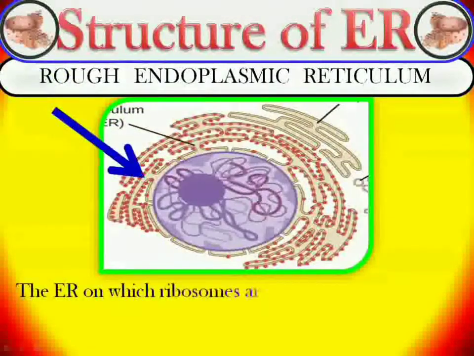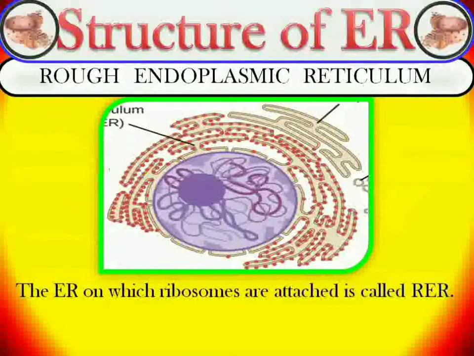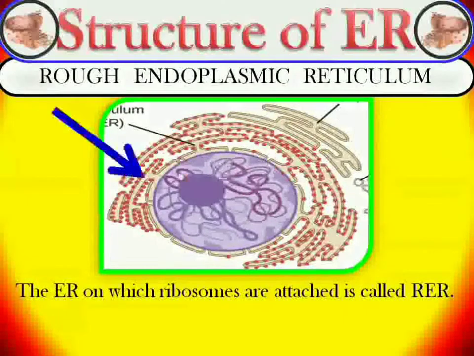Here, first of all, we will discuss what rough endoplasmic reticulum is. The endoplasmic reticulum on which ribosomes are attached or embedded is called rough endoplasmic reticulum. Here you can see this central structure is nothing but the nucleus.